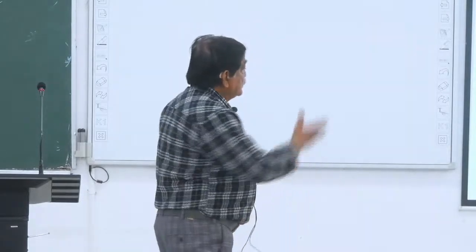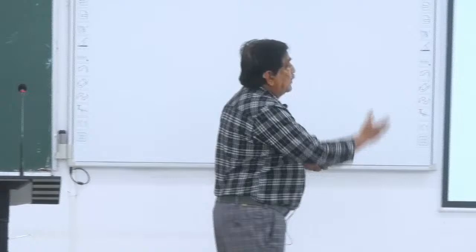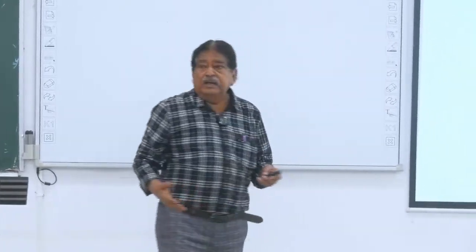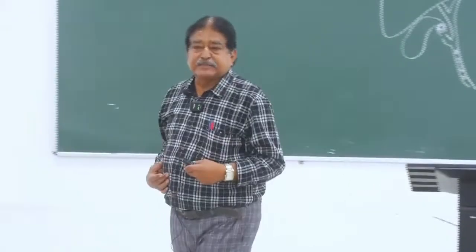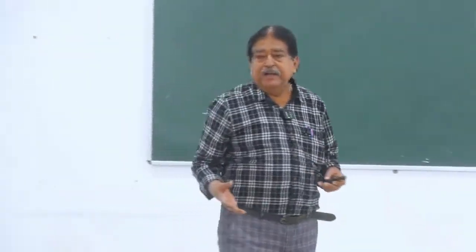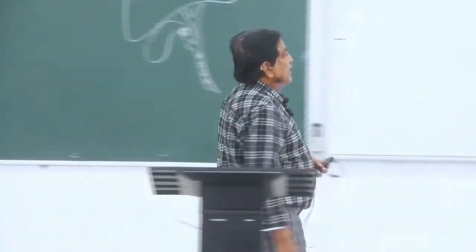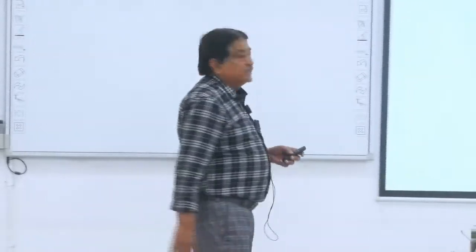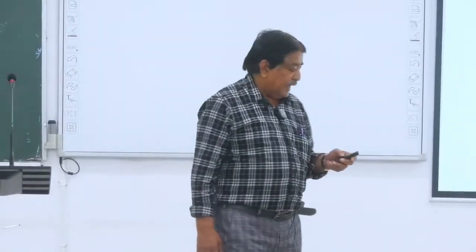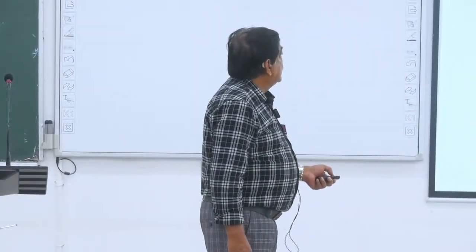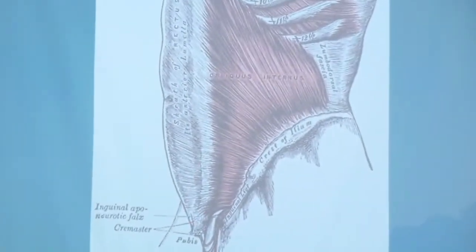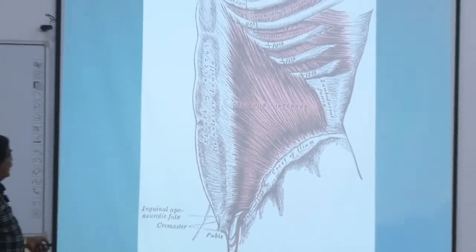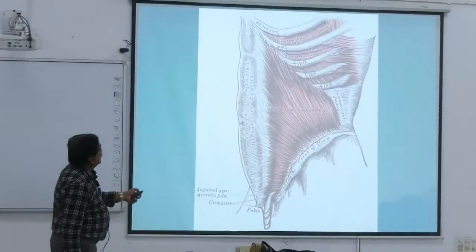And now what I want to stress is you see the abdominal muscles. You see Ronaldo, his rectus, or Bruce Lee, the great martial art champ. Now see the inguinal aponeurotic falx, this part, the cremaster muscle and the pubis here, and these are the oblique muscles.